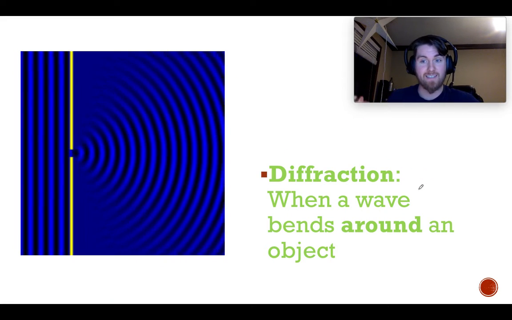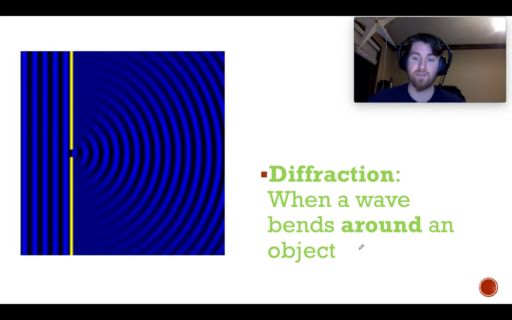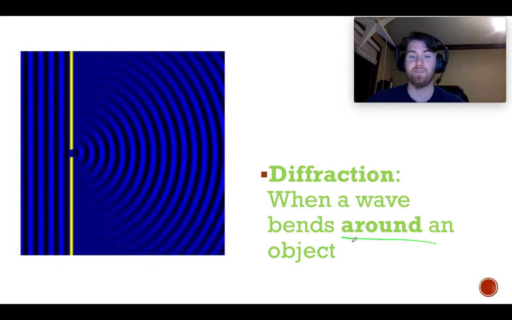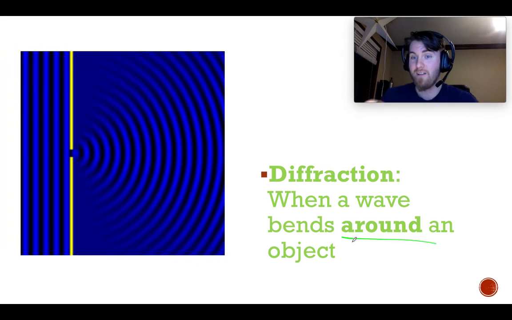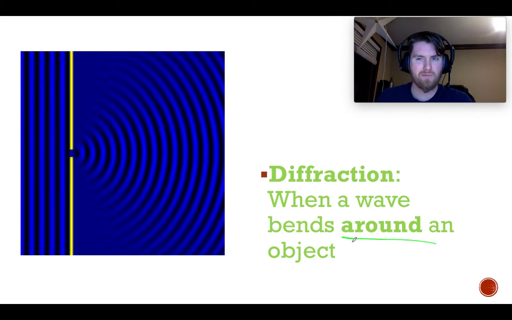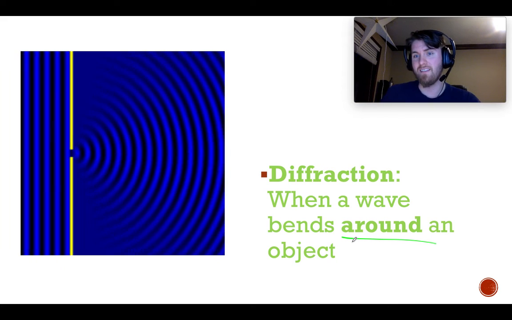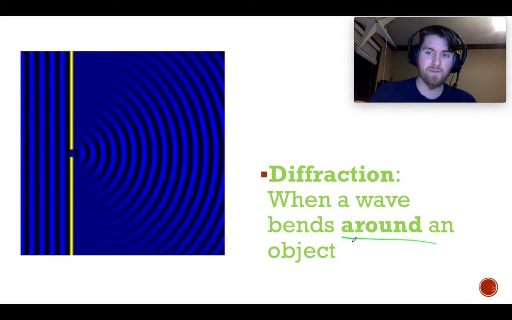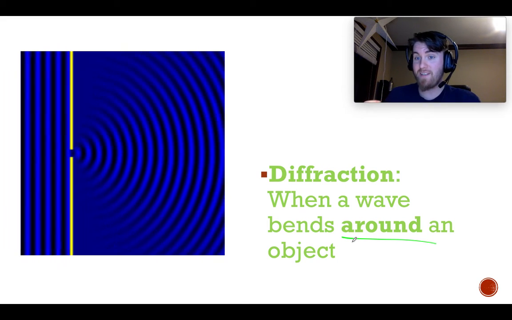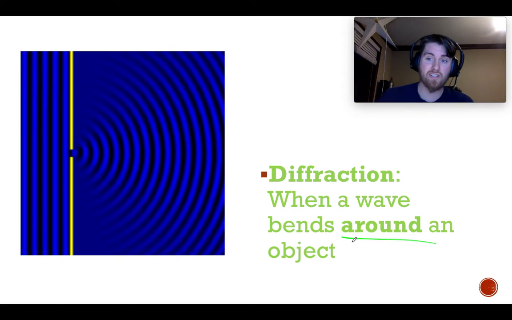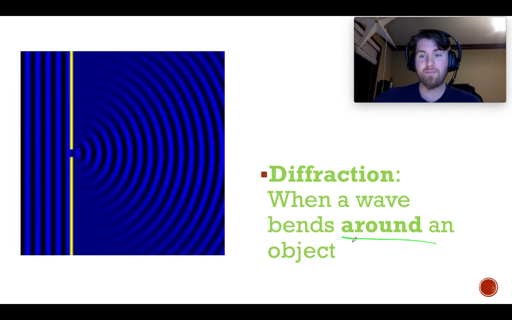Until finally we get diffraction, and diffraction is whenever a wave bends around, being the key term here, an object. Now, you might think to yourself, okay, that's really hard to think about using light, because light by itself, it really is difficult. But the best way that I know how to represent diffraction is to think about sound.